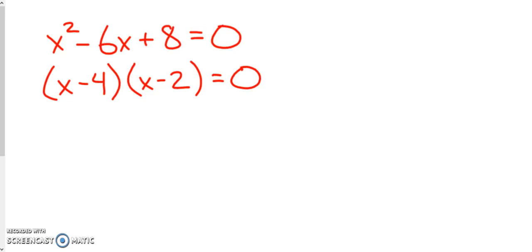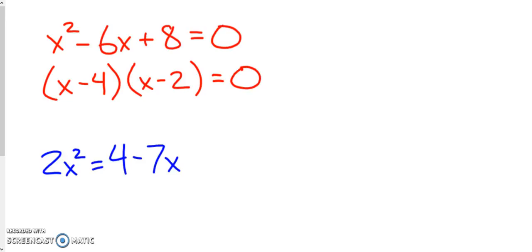All right, so what about this one? 2x squared equals 4 minus 7x. Thoughts? Okay, you certainly could.